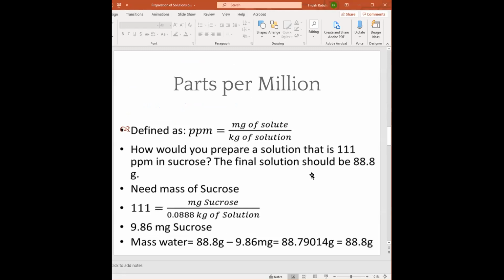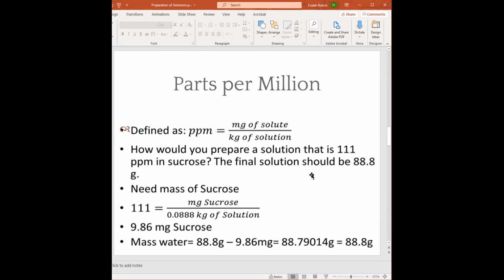The molality was just taking into account the mass of the solvent. But here we are talking about the mass of solution. When you mix your solute and solvent, the total resulting amount is your kilogram of solution. So we need to include that.